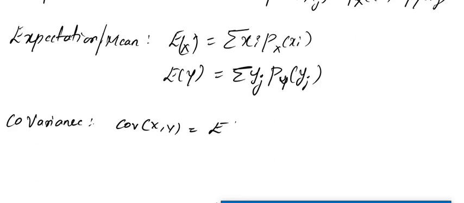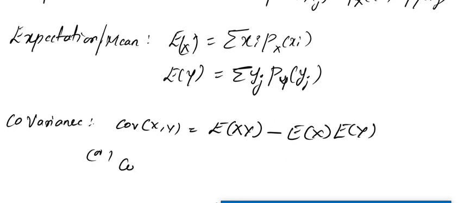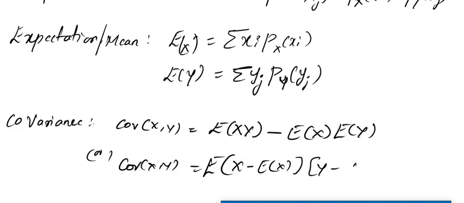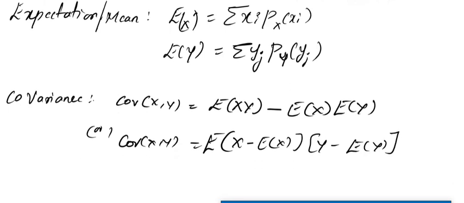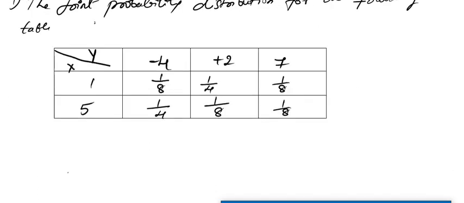One is the expectation E of XY minus E of X into E of Y. Similarly, we have another formula, covariance of X comma Y is equal to E of (X minus E of X) into (Y minus E of Y). Whichever is easier for you while computing, you can use it.